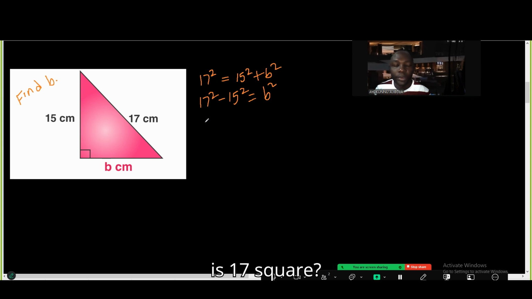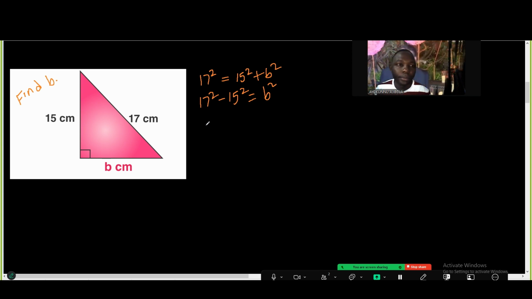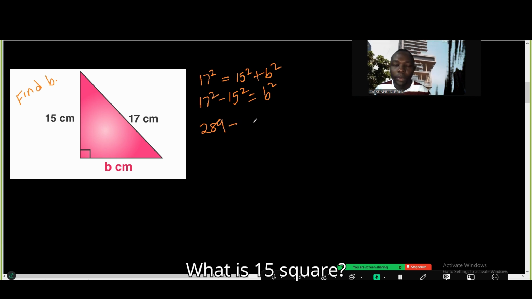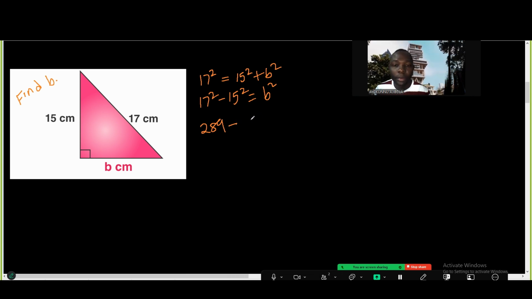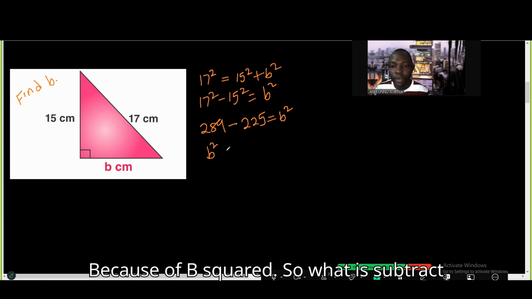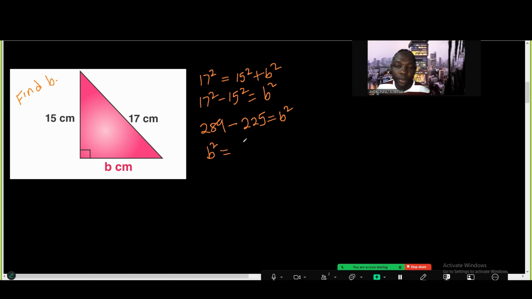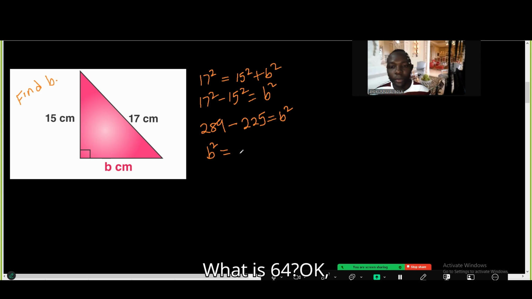So what is 17 squared? And what is 15 squared? Equals B squared. So subtract this and tell me your answer. 64.